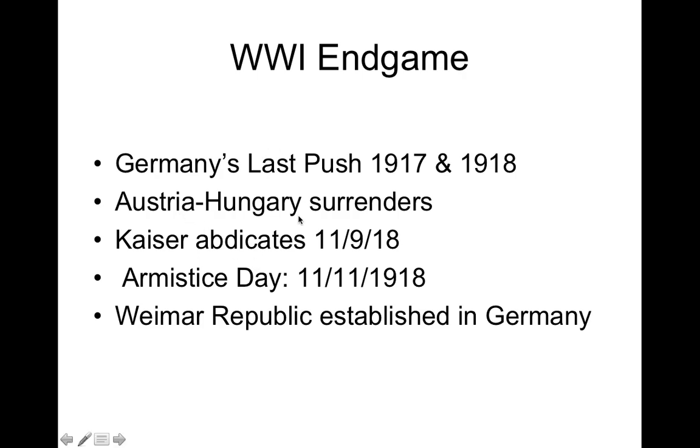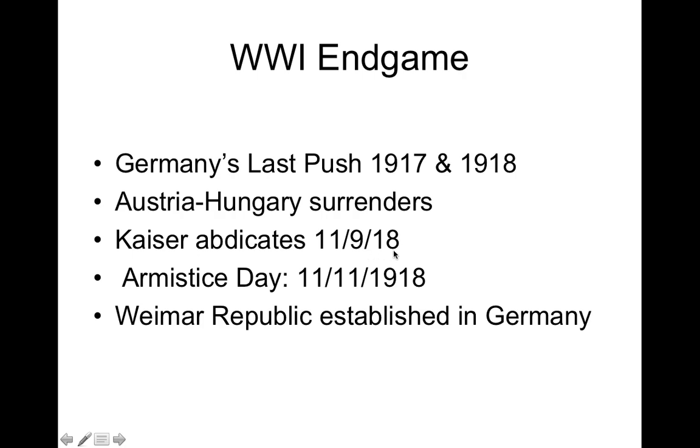Austria-Hungary surrenders in early November 1918, specifically November the 3rd. And this leaves Germany all alone. The Allies are starting to overwhelm Germany. So the Kaiser, or the Emperor of Germany, abdicates, relinquishes his crown on November 9th, 1918.